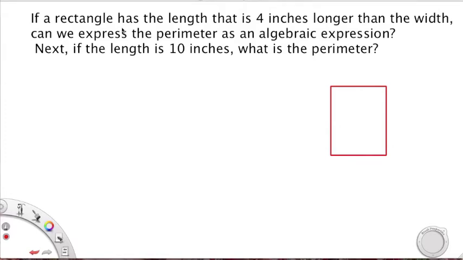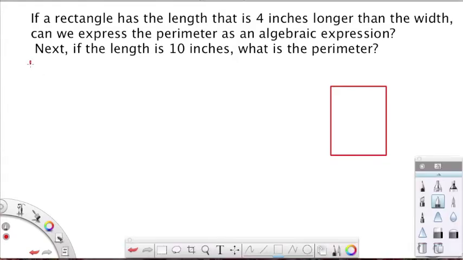Well, let's think about what we learned back in elementary school. We learned that the perimeter of a rectangle is equal to twice the length, or 2 lengths, plus twice the width. Why is that?